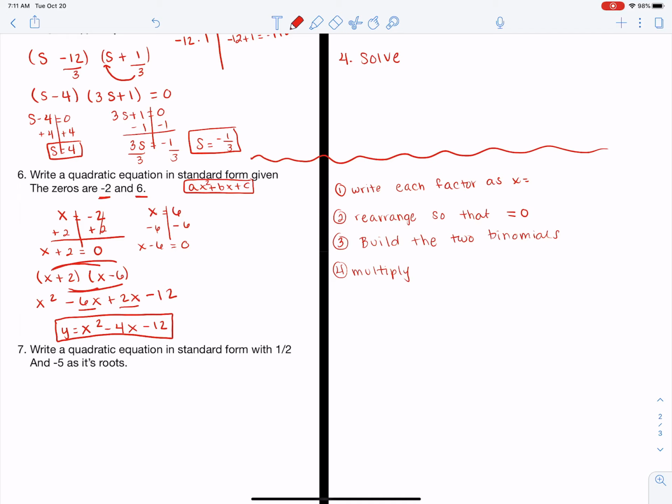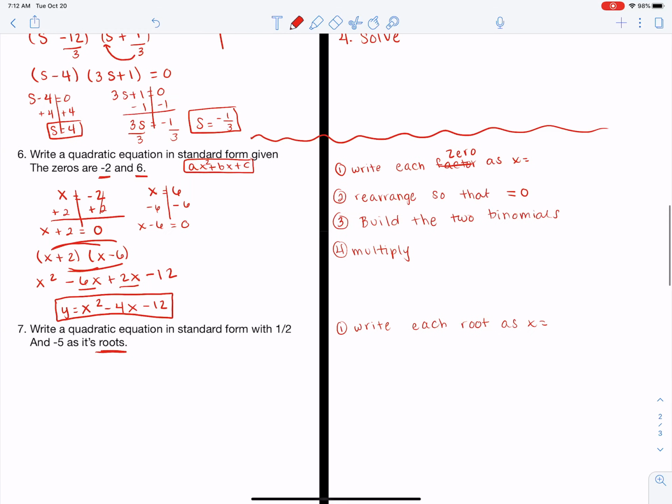First, write each factor as x equals, or each 0, really. That should say write each 0. Okay, so this one says roots, but remember roots and zeros are the same thing. So step 1, write each root as x equals.